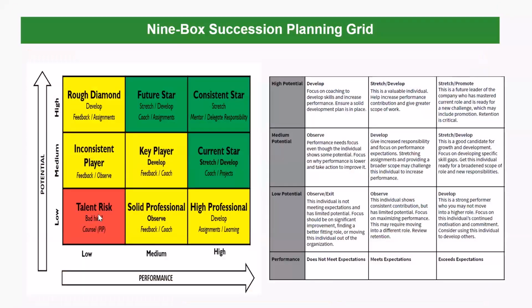So you can see some of the things that you need to begin to think about. Someone who is high on potential and high on performance, you need to stretch that person. Delegate responsibility. This is where this person will be made to become the acting CEO, acting VP of sales.